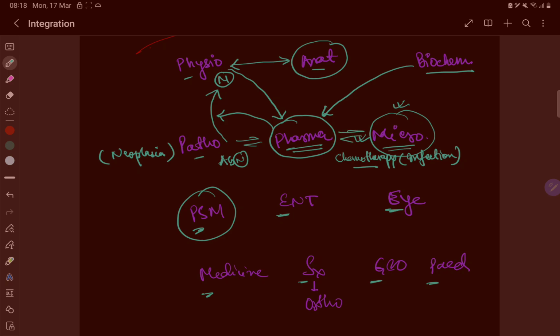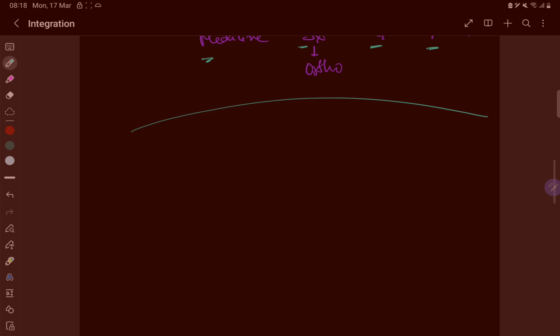So if you relate, you can see over here that in earlier days when my father was studying, there was anatomy and there was physiology and biochemistry, one paper for physiology, one paper for biochemistry. Similarly, there was pharmacology, and there comes the microbiology and pathology in one paper.